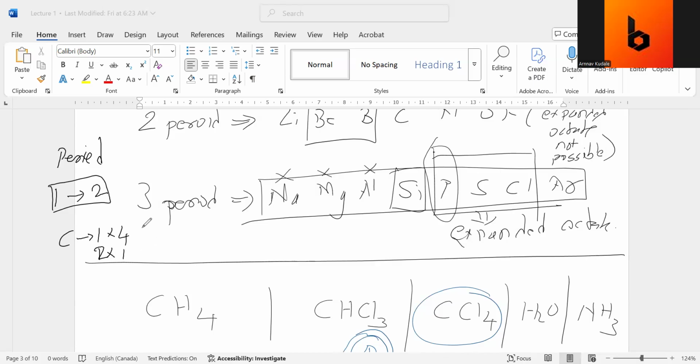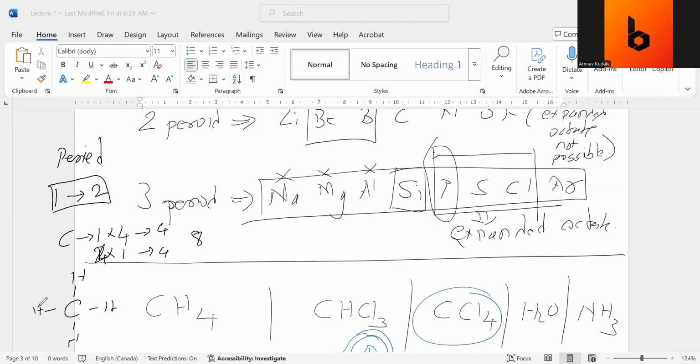So carbon is 1 into 4, hydrogen is 4 into 1, so total you have 8. You have carbon and then you have hydrogen.